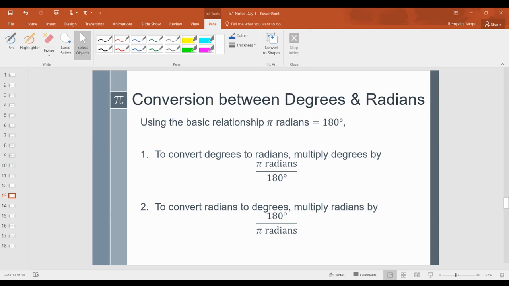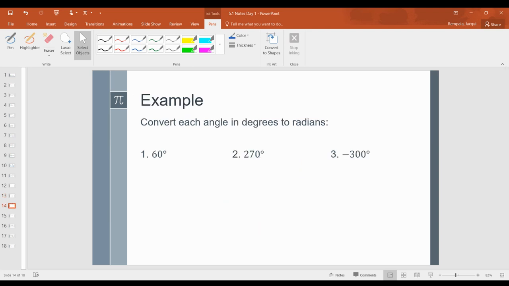Same idea if I start with radians and want to turn it into degrees: I just flip the fraction around. If I want to end up with degrees, I want degrees on the top, so I have 180 degrees on the top. Because the radian value is in the denominator, when I multiply by radians, the radians are going to cancel.